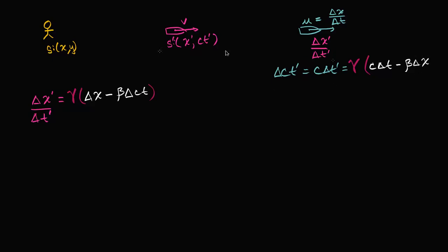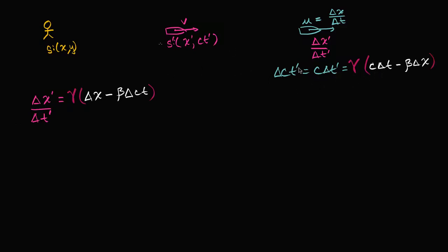And once again, I could have written this as change in ct, or I could write this as c times change in t, because the c isn't changing. So we know that already. So if we wanted to solve for just change in t prime, we could just divide both sides by c.